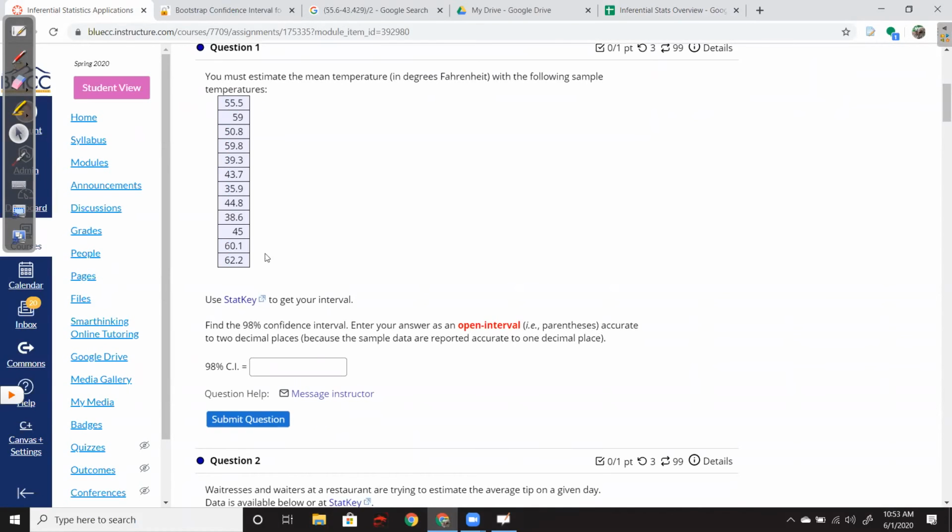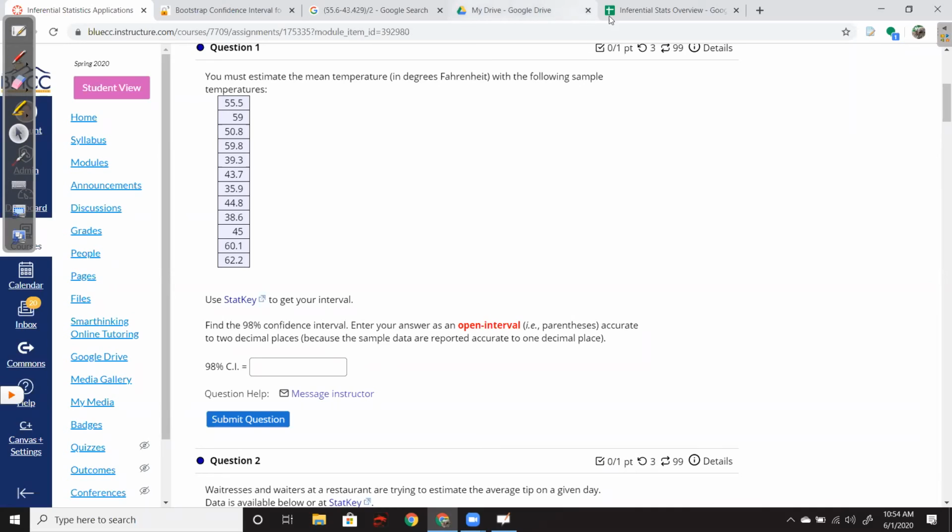Now, normally I would say 2 decimal places because the data has 1, and usually with statistics we go 1 more. Let me read the fine print. Find a 98% confidence interval, accurate to 2 decimal places. Sorry, helps if I read the whole sentence. Yeah, 2 decimal places. Usually with statistics, we go 1 more than the data. Data had 1, we state 2.